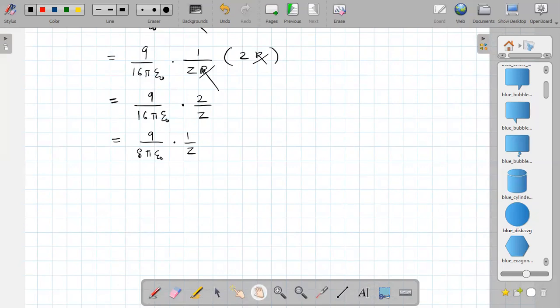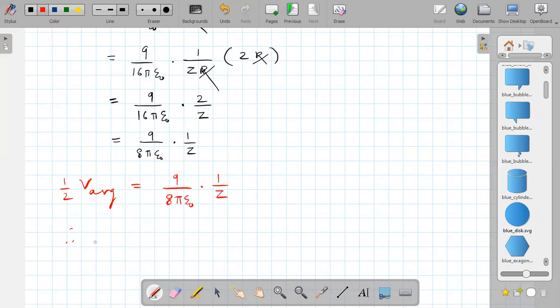That's half V average is equal to Q upon 8 pi epsilon 0 into 1 upon Z.